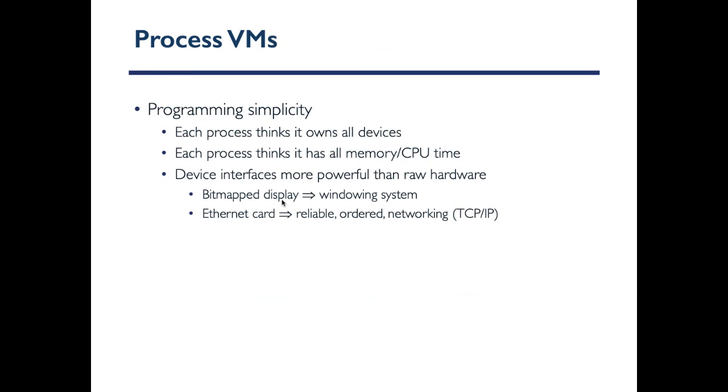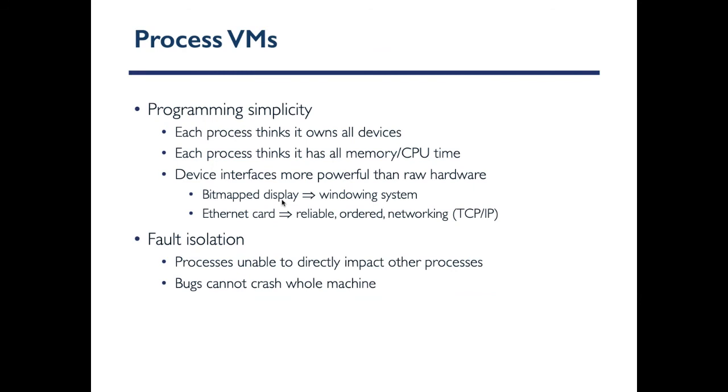In a process virtual machine, each program, each process thinks it owns the device. They think they have all the memory and all the CPU time, and they can use it as they wish.